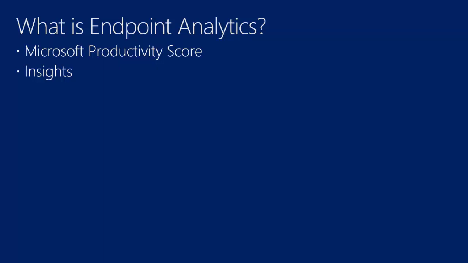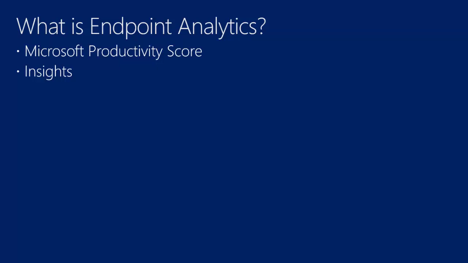The Microsoft Productivity Score also reflects a combination of people and technology experience measurements in your organization and can be compared to benchmarks from organizations similar in size to yours. The productivity score really focuses in on a couple of areas.